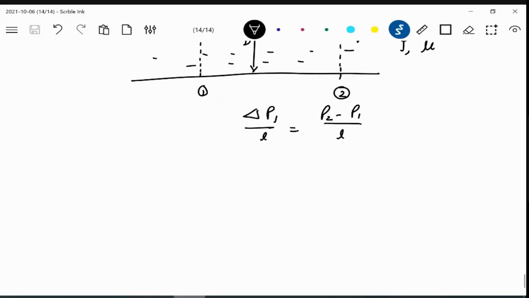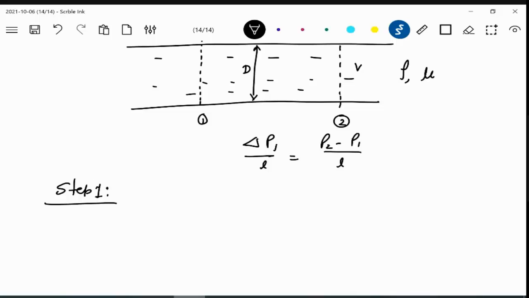So the first step was to find all the variables. From my guess, I have to consider geometric variables and material variables, and based upon experience, we have to take the minimum, optimum number of variables. So we can think of this pressure change or pressure gradient as a function of diameter, density, viscosity, and velocity.